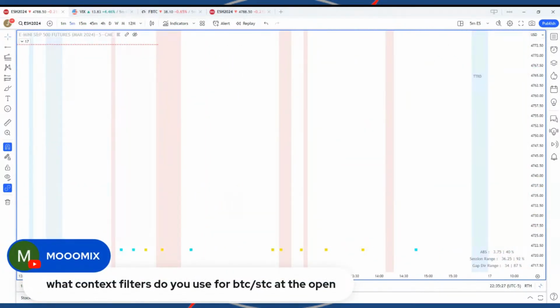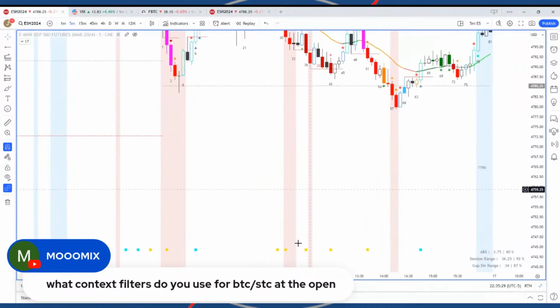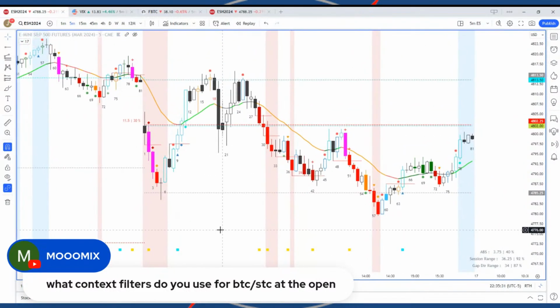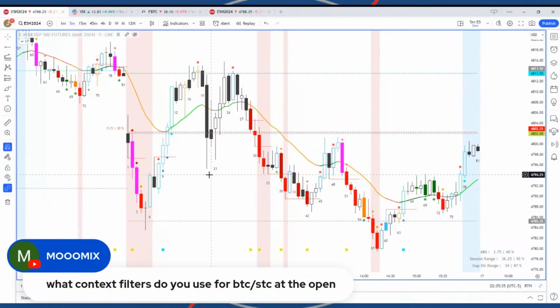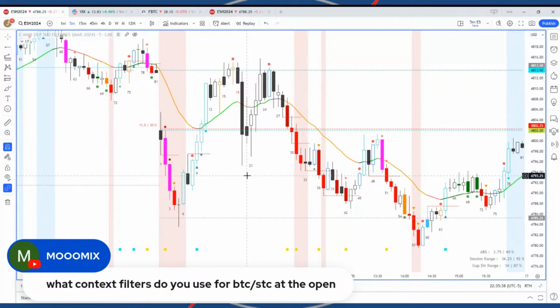Context filters for buy the close, sell the close at the open. I do not buy the close and sell the close at the open. So if there is a buy the close or sell the close trade that works at the open, I just let it go. And I typically look to those levels for support and resistance as the opening range develops.